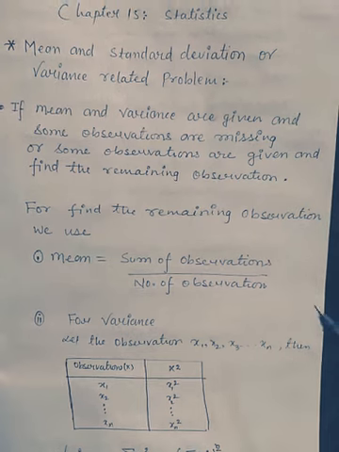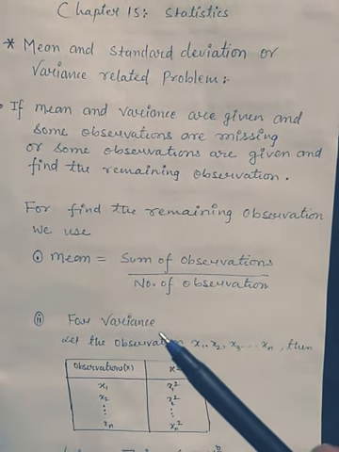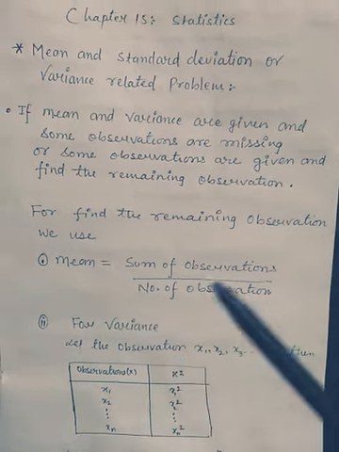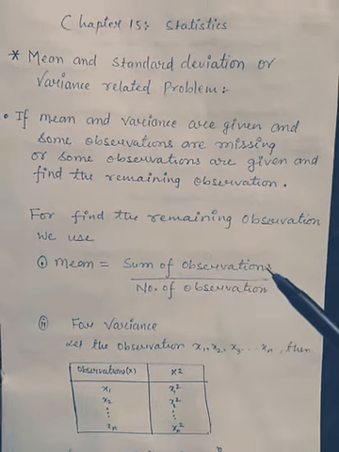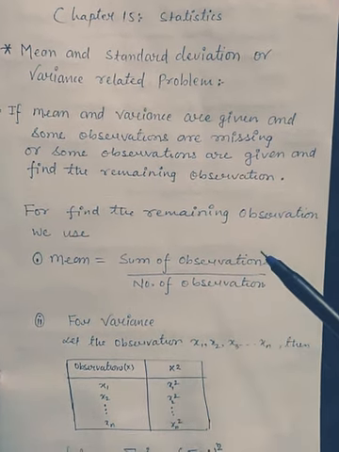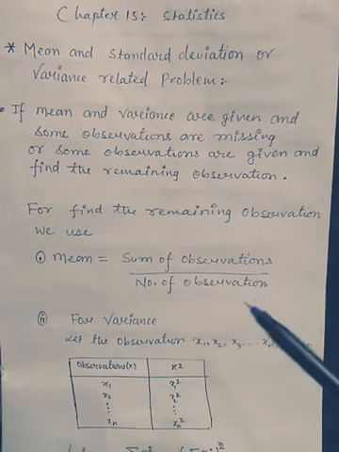फॉर फाइंड रिमेनिंग ऑब्जर्वेशंस वी यूज फर्स्ट formula for mean, which is sum of observations by number of observations, which we already discussed in the previous lecture.